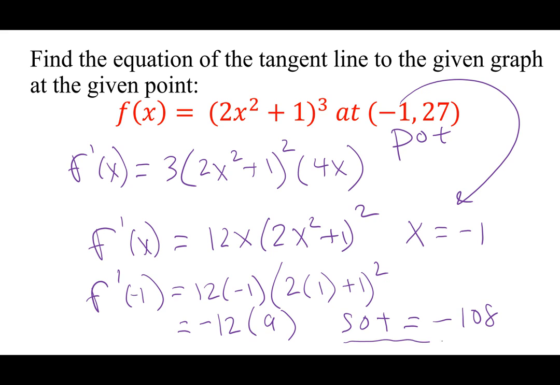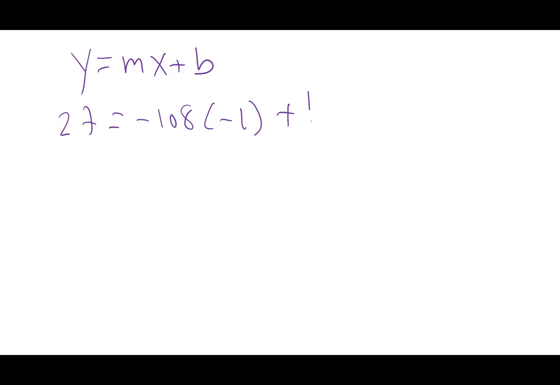So now that I have the SOT, the slope of the tangent line, and I already have the POT, the point of tangency, I'm going to put those together as y equals mx plus b. So I'm going to go ahead and do that on the next screen. So y equals mx plus b. So the y is 27. The slope is -108, -1 for the x, and then plus b.